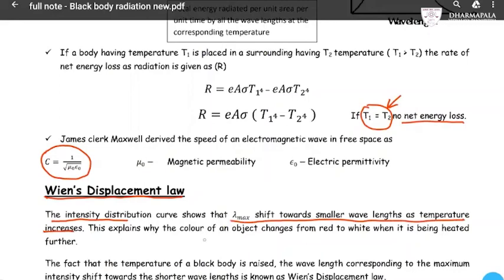We have already discussed that lambda max, the wavelength of maximum intensity, is inversely proportional to absolute temperature, which means when the absolute temperature increases, the wavelength of maximum intensity decreases. With the increase in temperature, lambda max shifts towards the smaller wavelength side. That is known as Wien's displacement law.